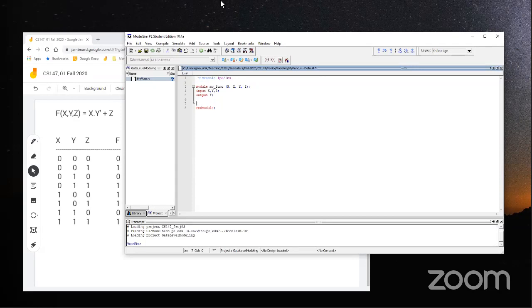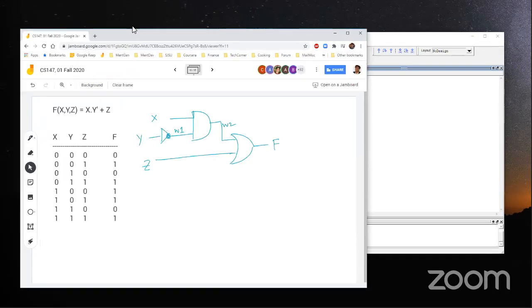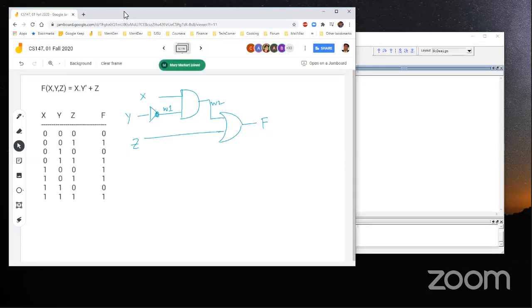We want to implement this Boolean function. That means we are looking at an AND gate, an inverter, and an OR, and we need some intermediate wires to carry the intermediate logic values. Let's say this is W1 and W2.